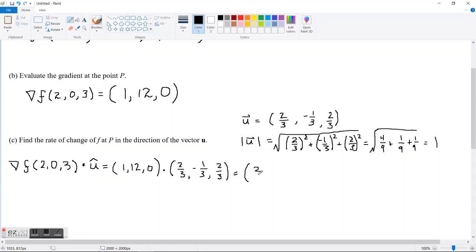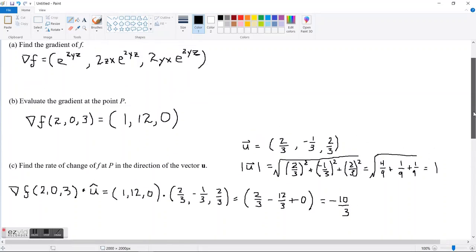And it's just plug and crunch. We're going to get 2/3 minus 12/3 plus 0, and that's going to be -10/3. So there's our rate of change of our function f in the direction of the unit vector u.